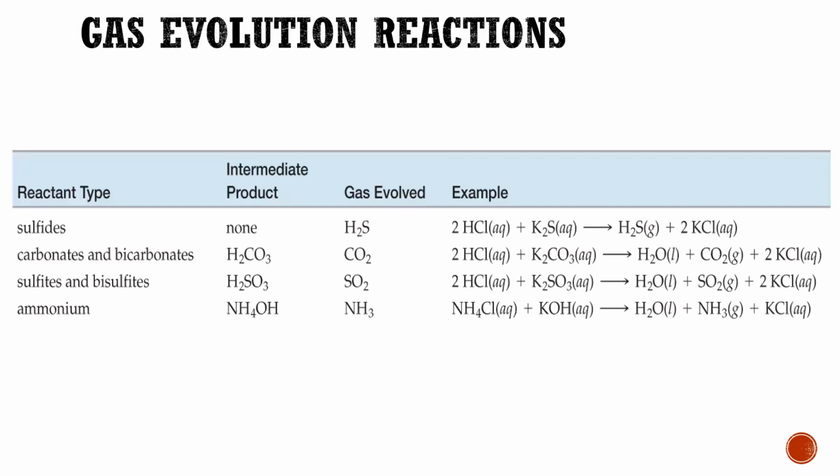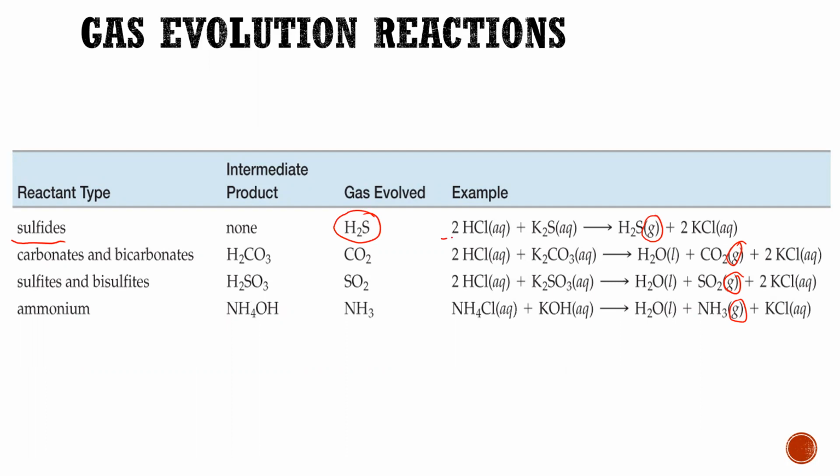In a lot of books, you'll see this table. And what they show is the production of a gas. So in all of these reactions, you see that a gas is being produced, okay? In the first type, the sulfides, the gas that's produced is hydrogen sulfide.